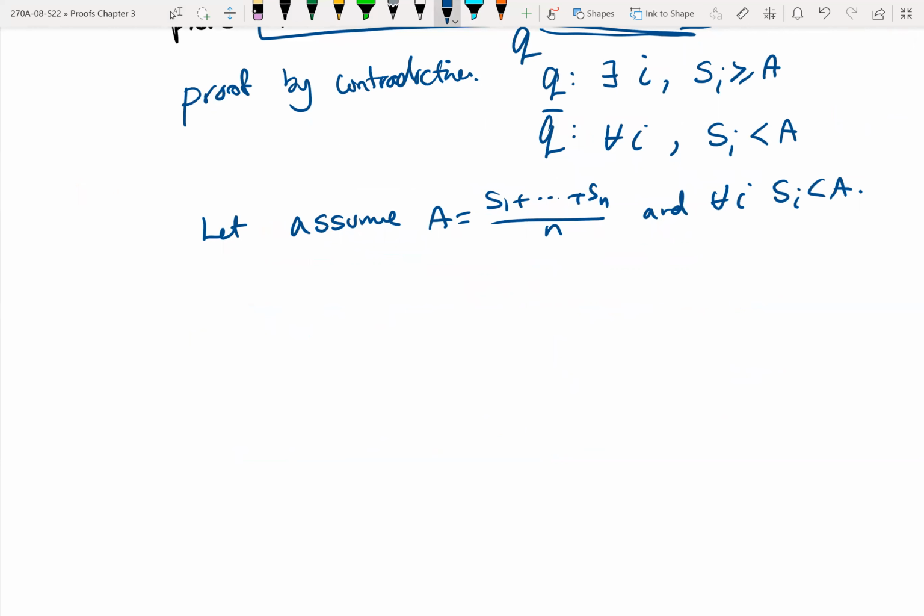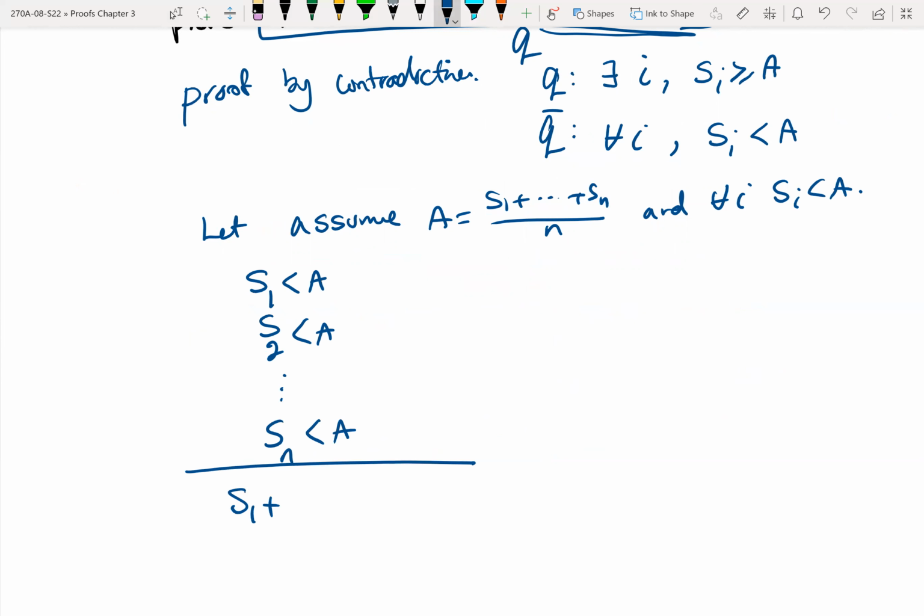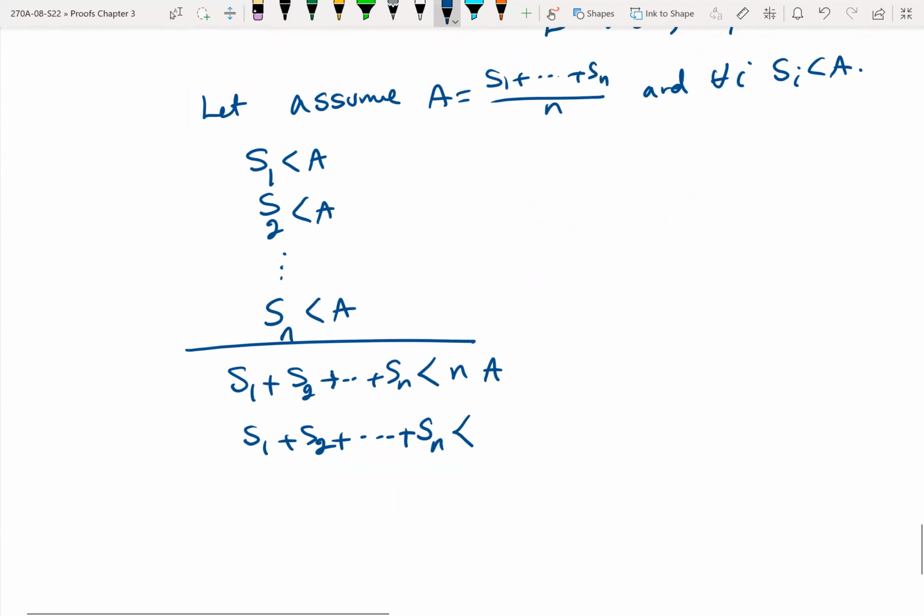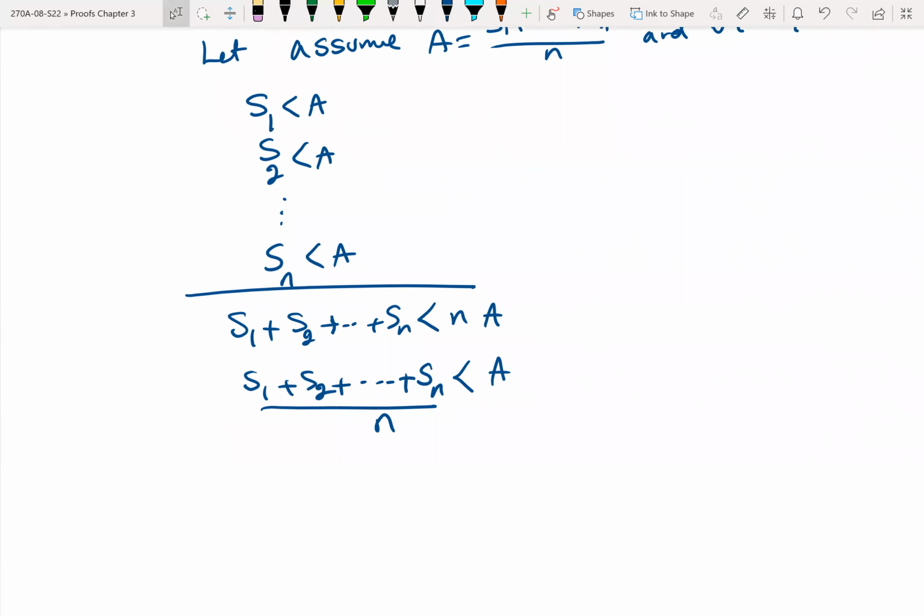So let's see. If your S sub 1 is less than A, S sub 2 is less than A, and S sub n is less than A, and you add both sides of the inequality, S1 plus up to Sn is less than n times A. If you divide both sides by n, n is a positive number, so it doesn't change your inequality. Is this a contradiction with the assumption?